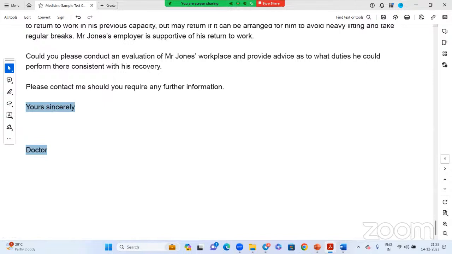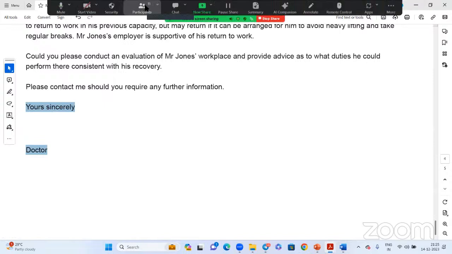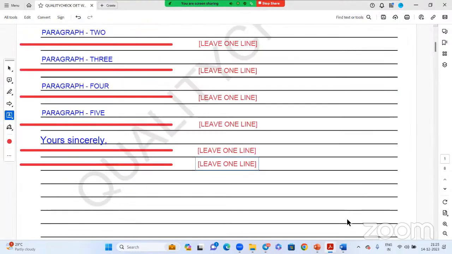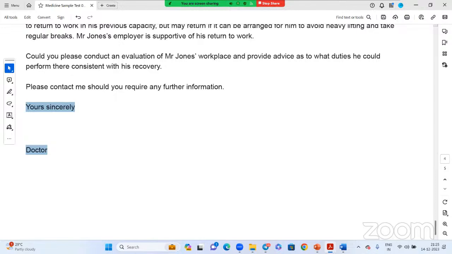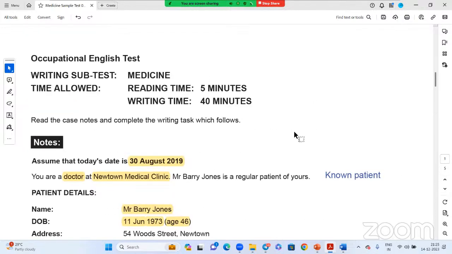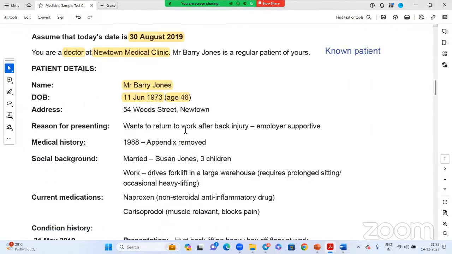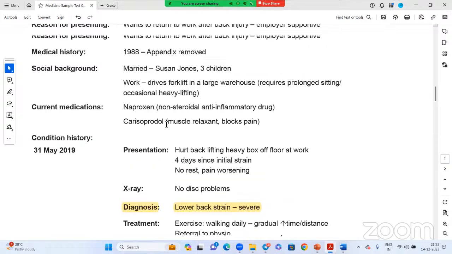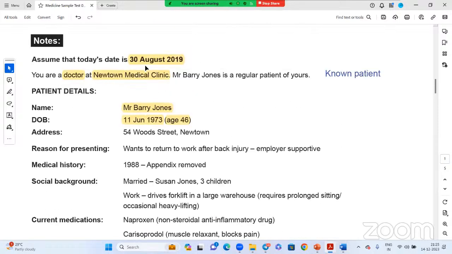So part A is done. What is that? Other than body, everything is clear here. So all the things are here.